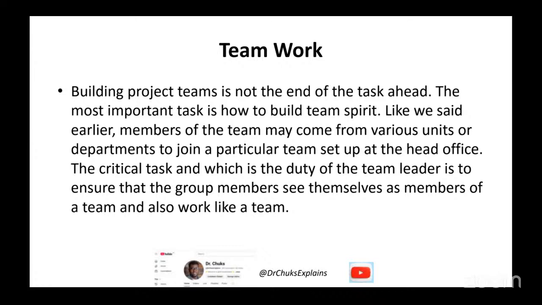The critical task, which is the duty of the team leader, is to ensure that the group members see themselves as members of a team and also work like a team. A typical example is a coach who puts together the various players that he has bought from other teams and brought into his own team.